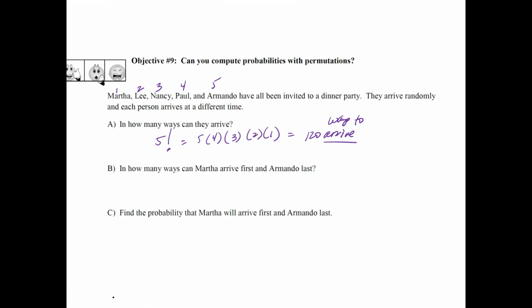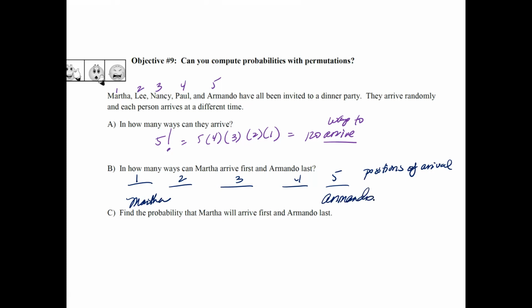B, in how many ways can Martha arrive first and Armando last? So 1, 2, 3, 4, 5. These are the positions or places of arrival. I know Martha wants to go first, and Armando wants to come last.